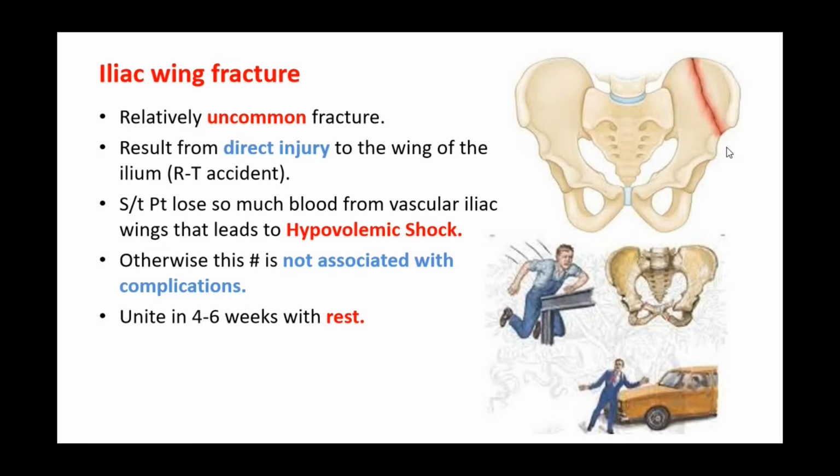Sometimes the patient loses too much blood from the vascular iliac wing, which results in hypovolemic shock. Otherwise, this fracture is not associated with any complications and unites easily within 4 to 6 weeks only with rest.